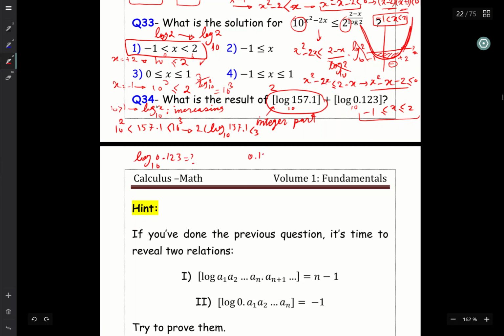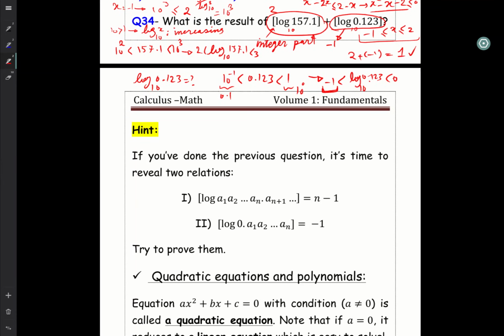So 0.123 is greater than 0.1, which is 10 to the -1, and is less than 1, which is 10 to the 0. So if we take the log base 10, it is between -1 and 0, and the integer part becomes the smaller number. So the second one becomes -1. So the result is 2 plus -1, which is equal to 1. Okay?